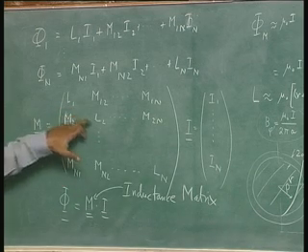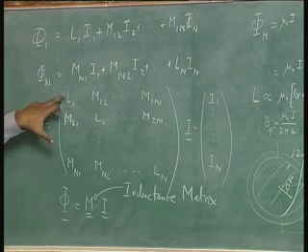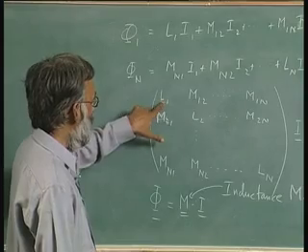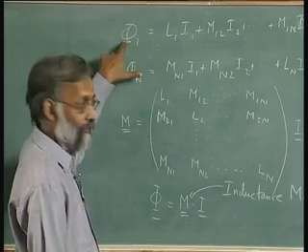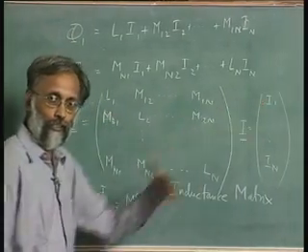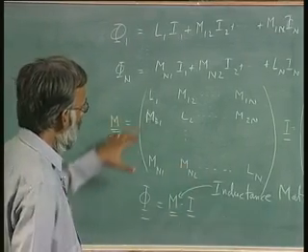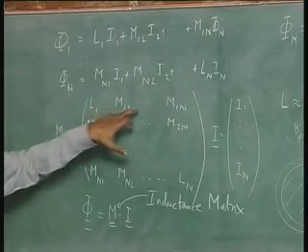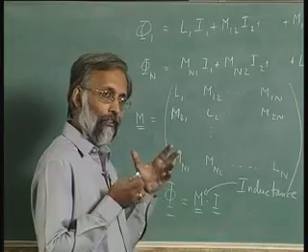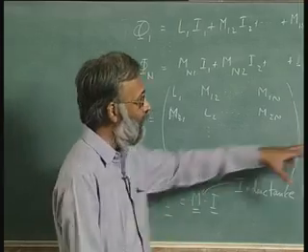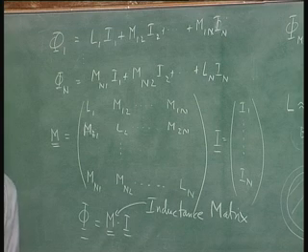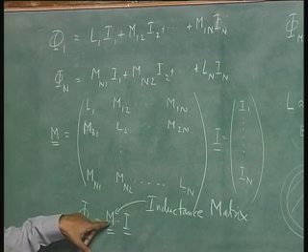Sometimes they call it L11, L22, etc. These are called self inductance terms, because L1 represents the amount of flux threading coil 1 due to current in coil 1. So, that is a self inductance term, but the off diagonal elements Mij correspond to the flux that links coil I due to current in coil J. So, those are called mutual inductances, and that is where this symbol M came from.